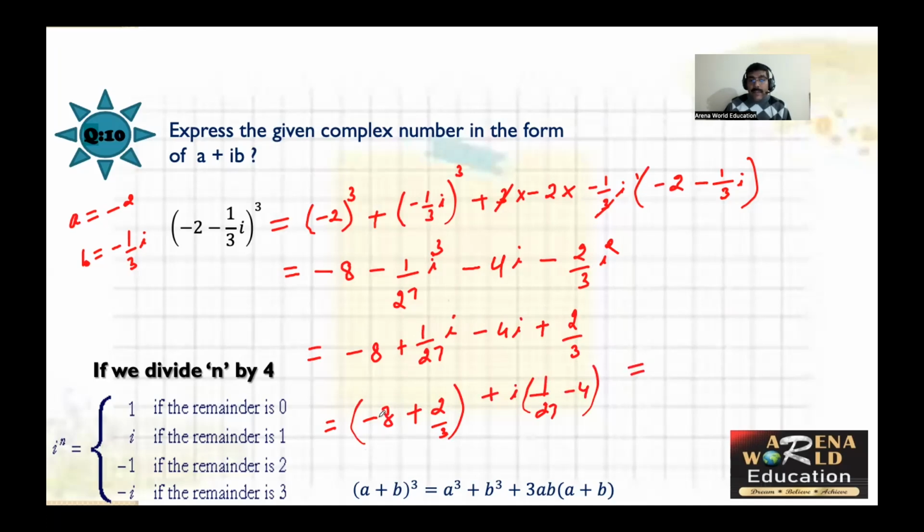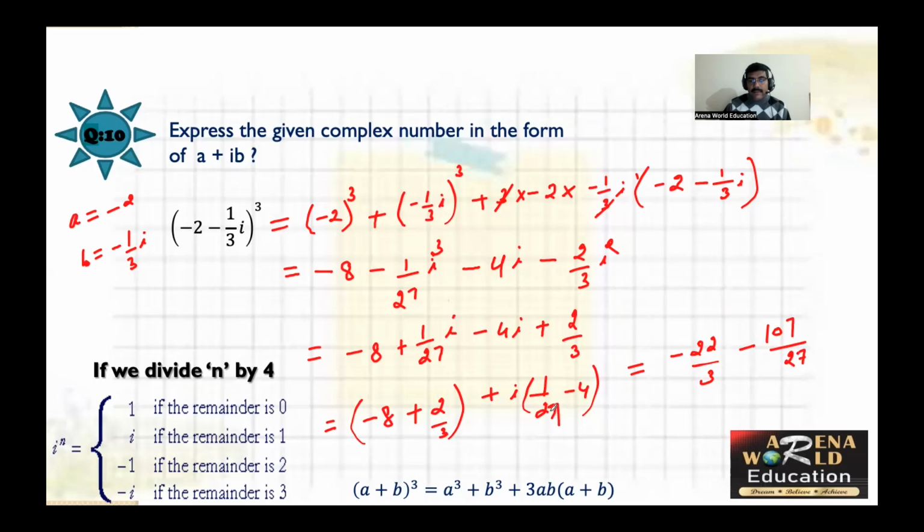This will be minus 24 plus 2, that will be minus 22 upon 3. This will be 1 upon 27 minus 4, so 1 minus 4 into 27, right? So this will be 1 minus 108, so minus 107 divided by 27.